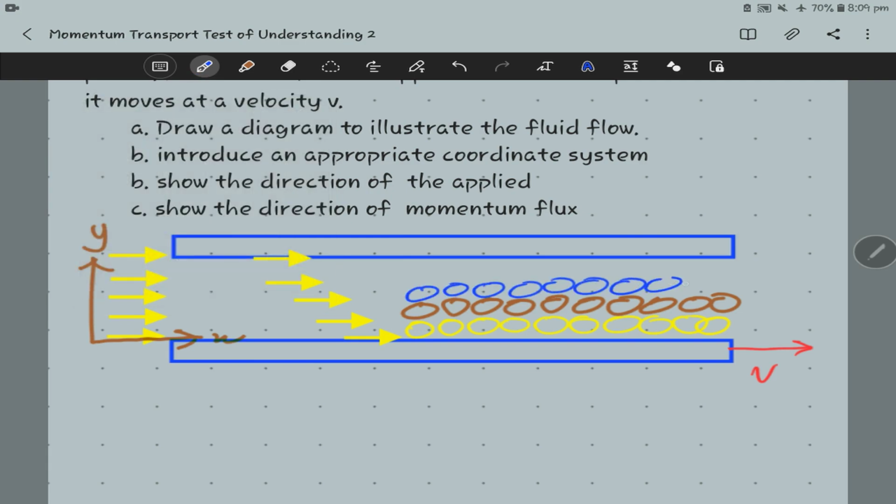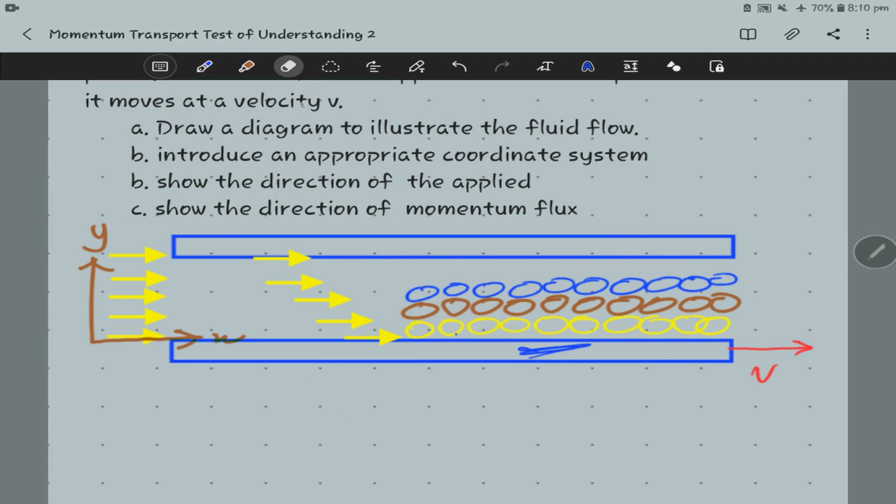So this is basically the molecules of the fluid. What's happening is that because these molecules of fluid are the ones closest to the wall here, their velocity will be the highest. Let's compare the velocity.